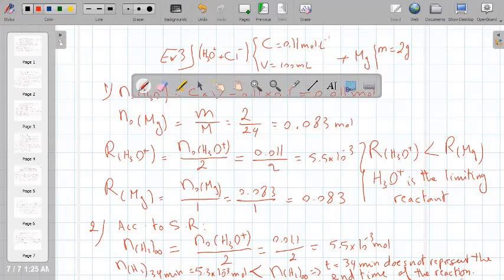Okay. This is how we determine if the last instant in the table represents the end time of the reaction or not.